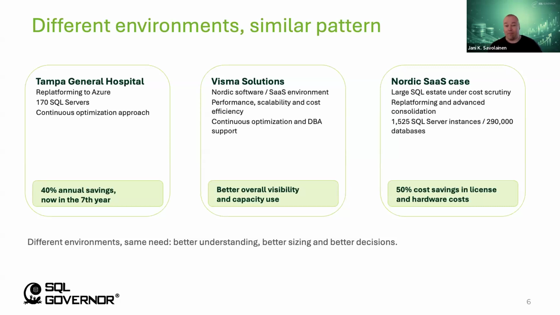So there are massive servers and a lot of VMs, hundreds and hundreds of VMs on those physical servers. And we found out that with the assistance of SQL Governor software and our IPR, we were able to calculate the optimal redistribution of these workloads, of these VMs and SQL Server instances to a new data platform. And the cost estimate is around 45 to 50% that is possible to achieve there.